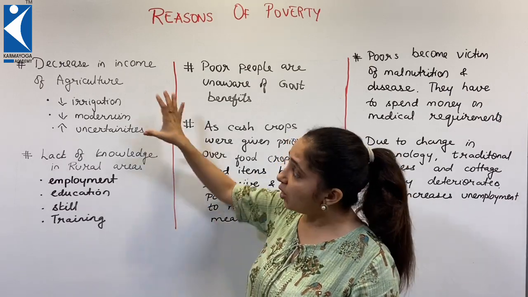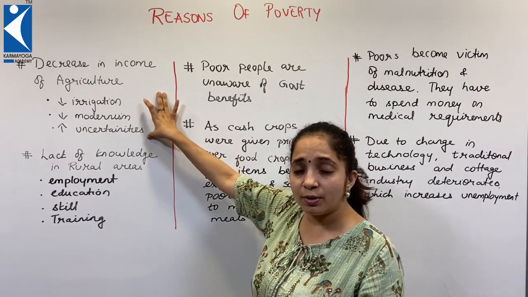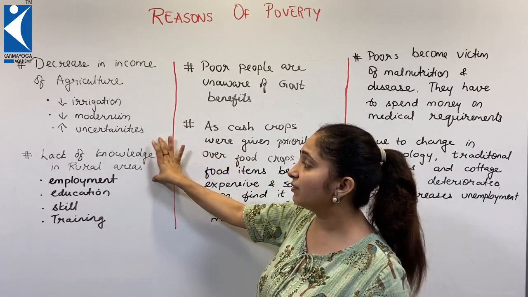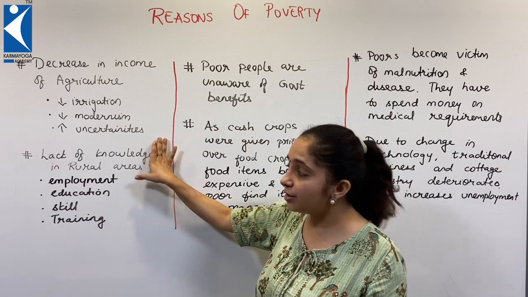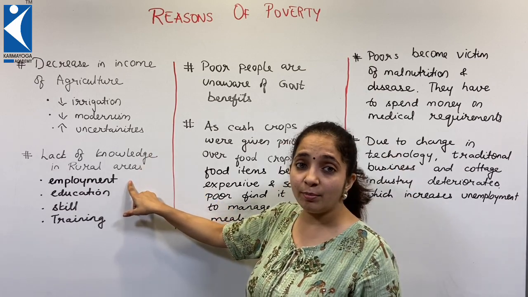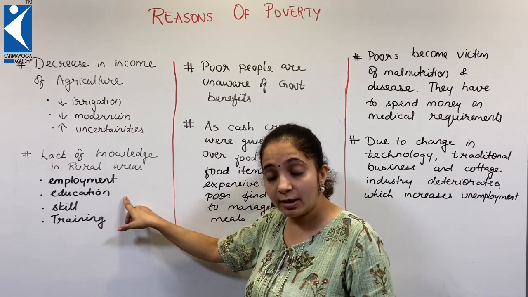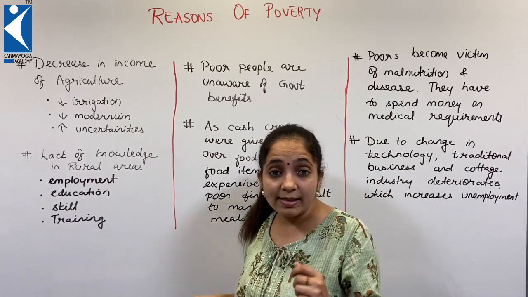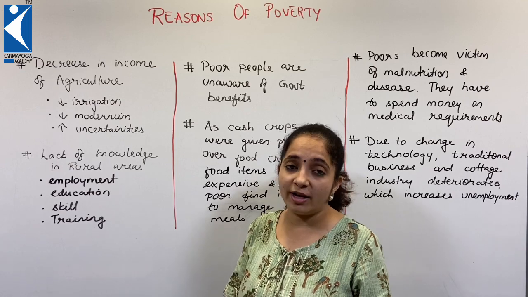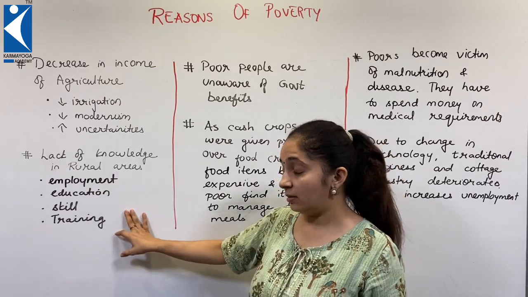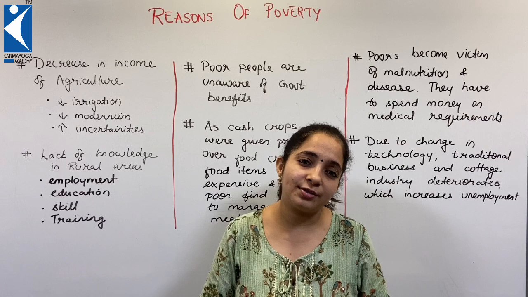Then along with agriculture, people in rural areas, in villages, do not have knowledge. They do not know where they can get employment, what education they should take to get better employment, what skills they should have to earn more money, and they do not receive the necessary training either.